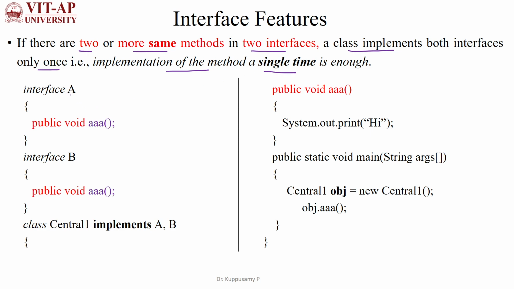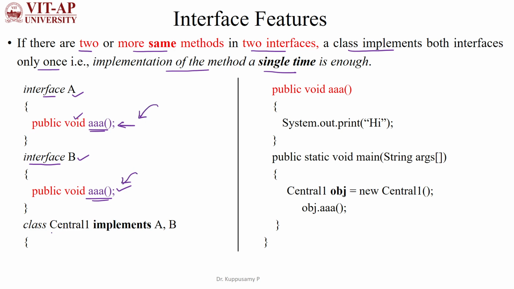For example, here I have the interface named A, which has the abstract method tripleA with return type void, and here interface B is defined as a second interface which also has the method tripleA. Look at that, both method names are similar.